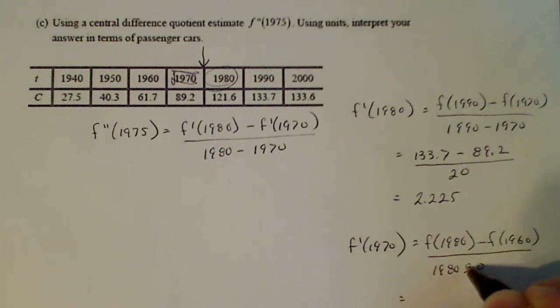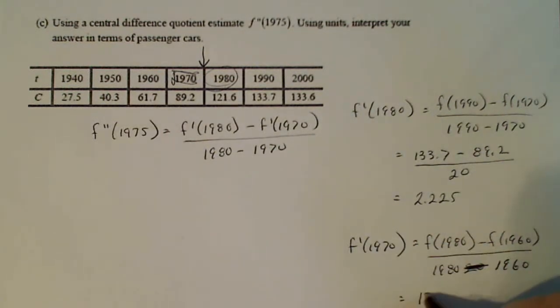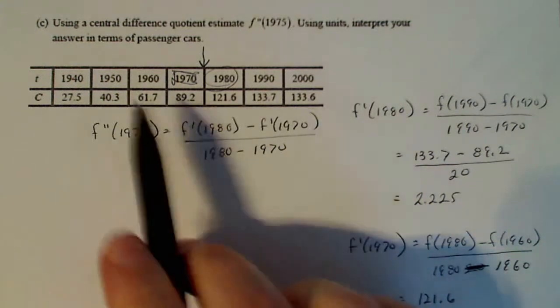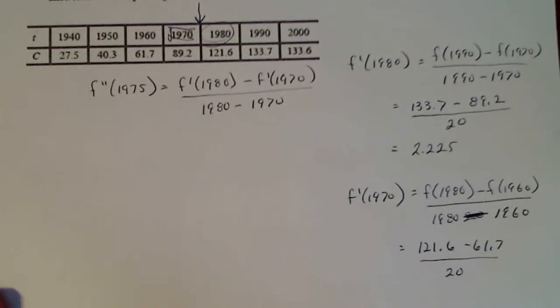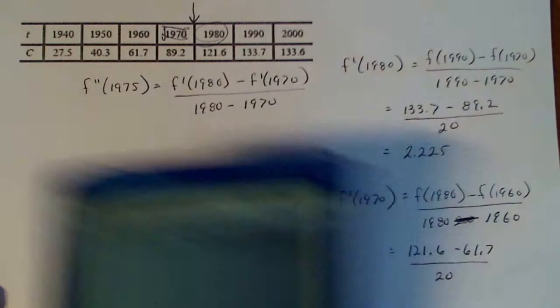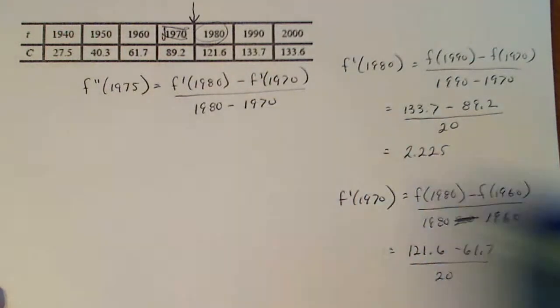Let's not skip too many steps. f of 1980 is 121.6. f of 1960 is 61.7. And now that's all divided by 20. So 121.6 minus 61.7 divided by 20 gives me 2.995.